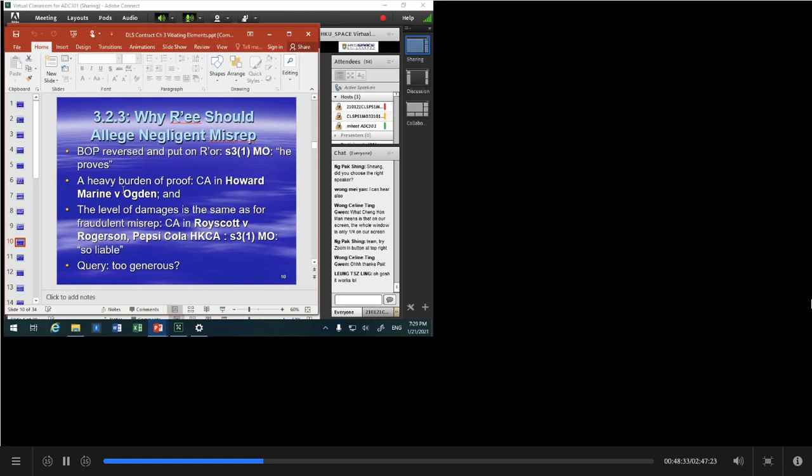Before the legislation, the innocent misrepresentee pretty well got no remedies, and everybody thought that was wrong. And so section 3 sub 2 of the Misrep Ordinance does give an innocent misrepresentee a remedy: the court can award damages, albeit on a lower scale, in place of rescission.